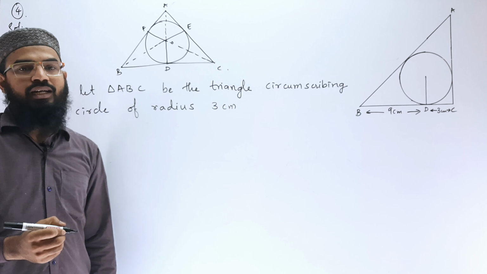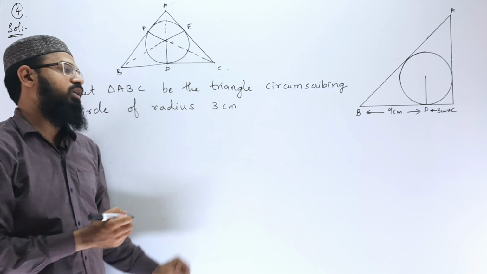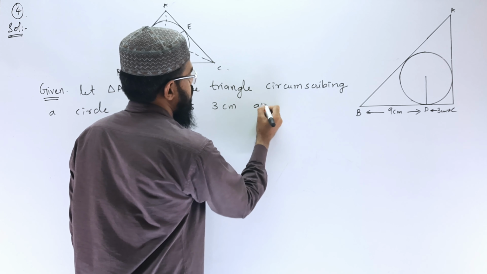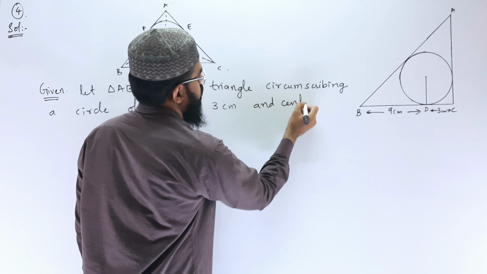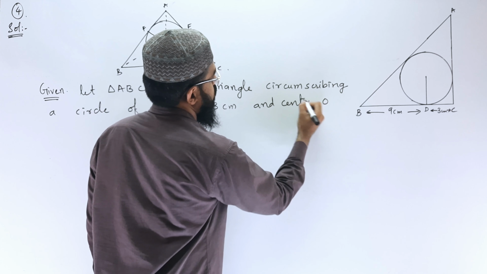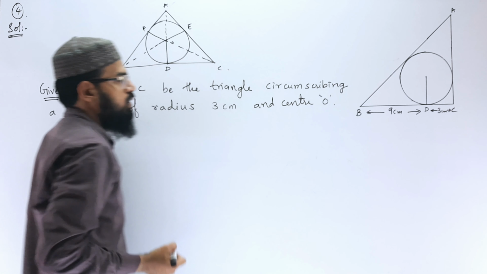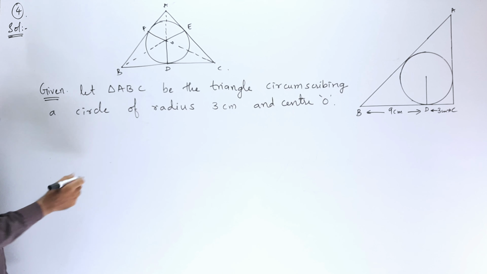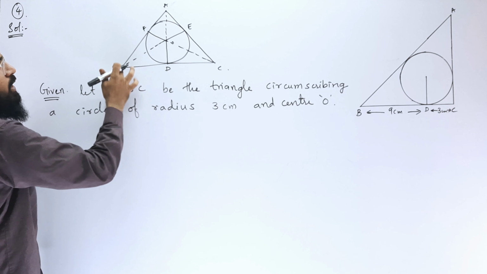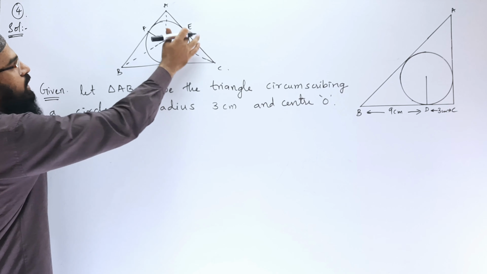They have already said about the radius, that is 3 centimeter, and the center is O. Here the circle is touching the sides of the triangle at D, E, F.